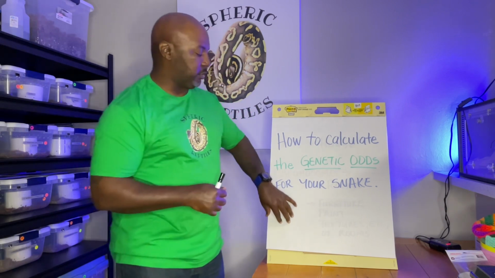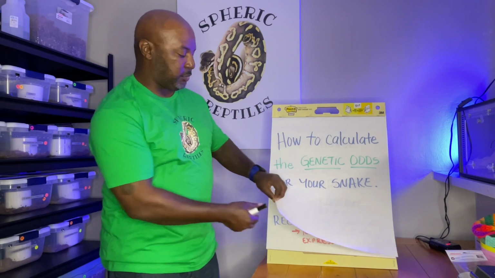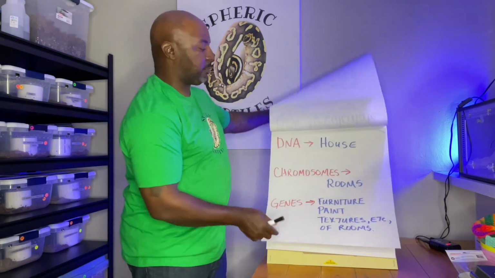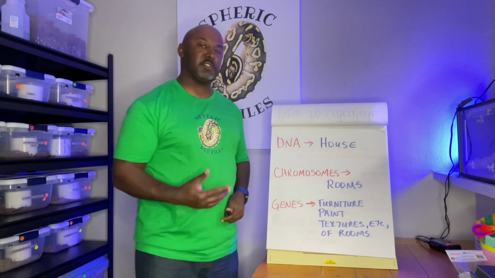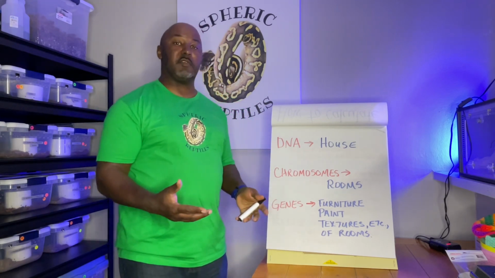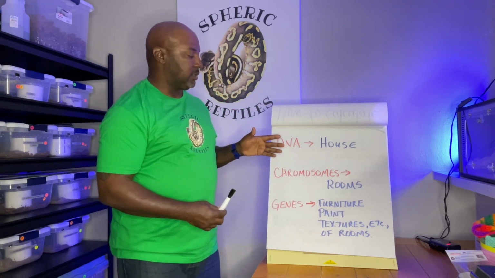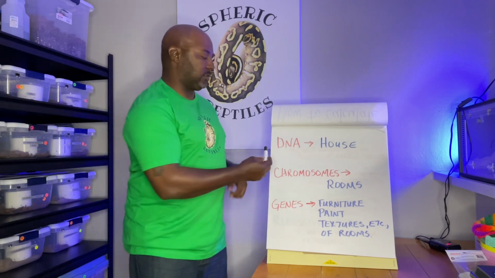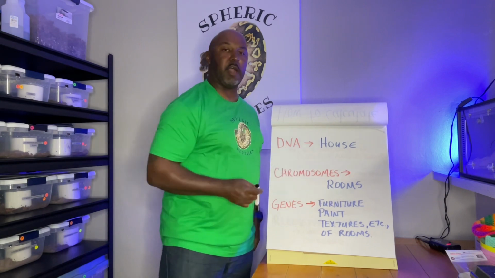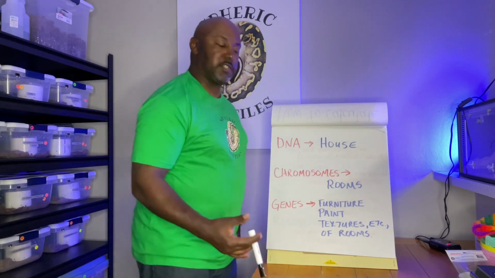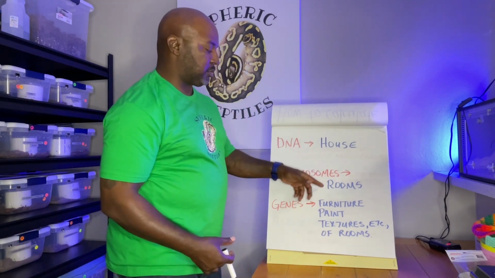So without further ado, we got that part, the title. The second thing, I'm going to go over some of the descriptive terms that we'll use so that you can make sense of it. Of course, DNA is the backbone of your genetic code, and we're going to call that the house. Everybody knows what a house is, and the chromosomes are the rooms.